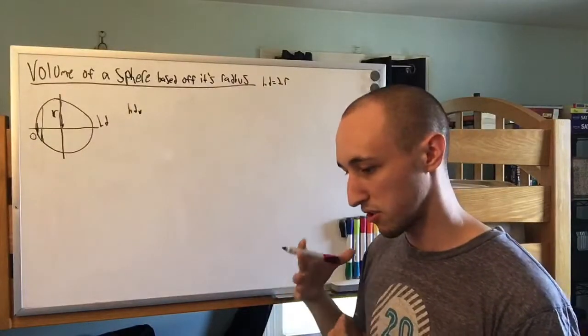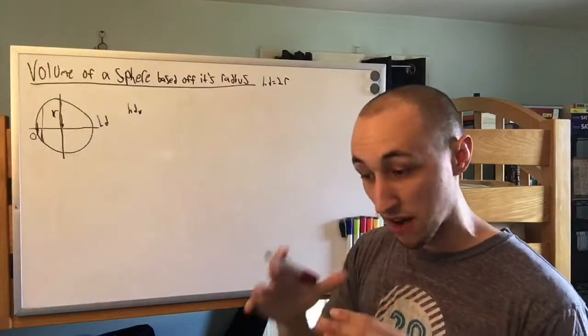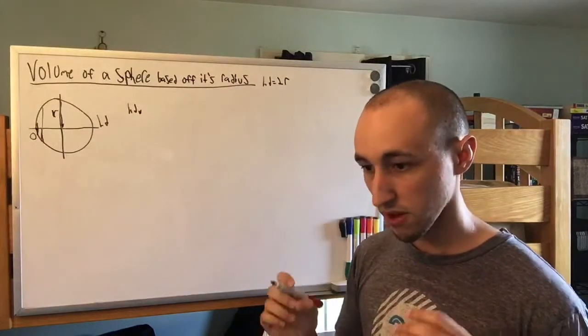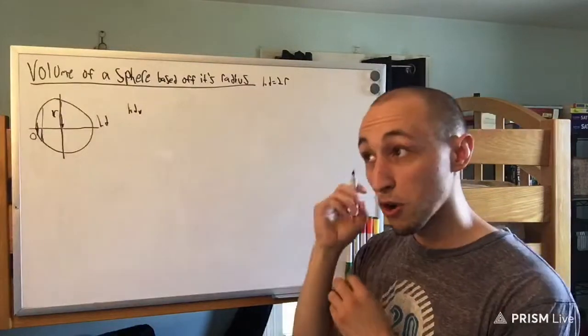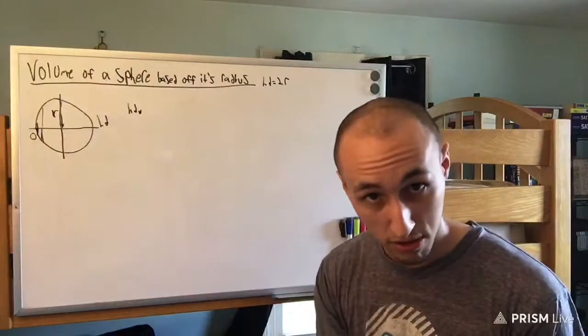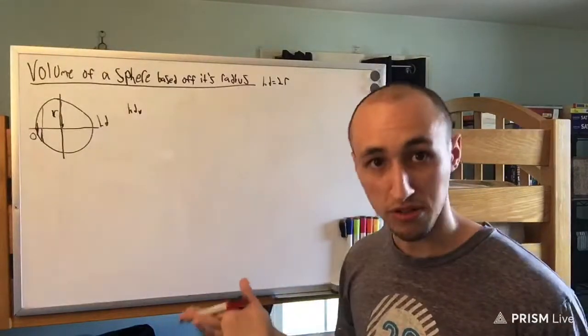All right, so we know the formula for area of a circle is pi r squared. So if we know the radius of the circle, then we can figure out the area, naturally, of course.